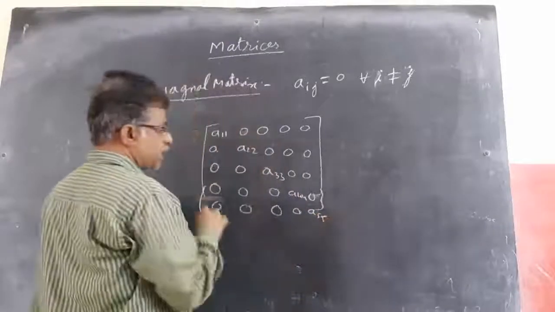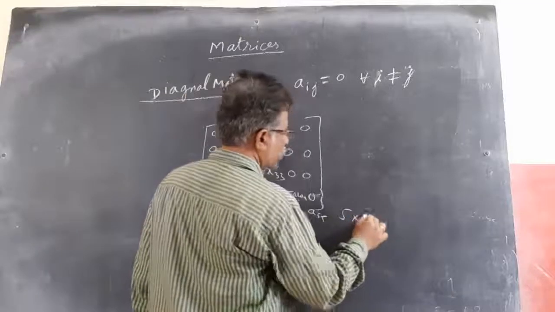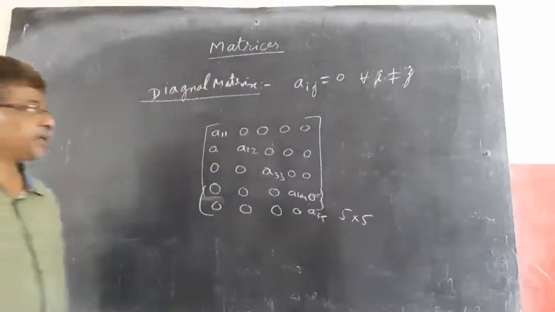So this is a square matrix of size 5 by 5.